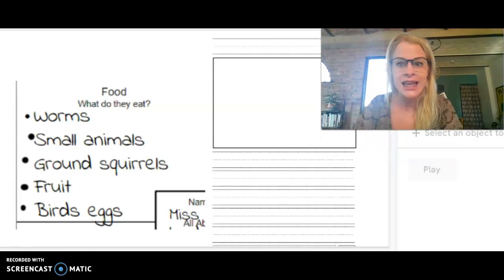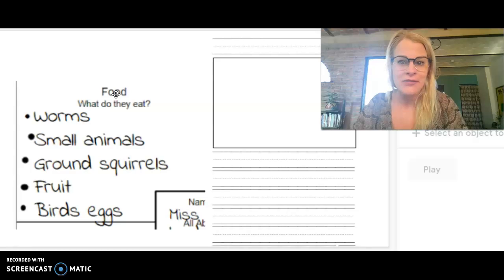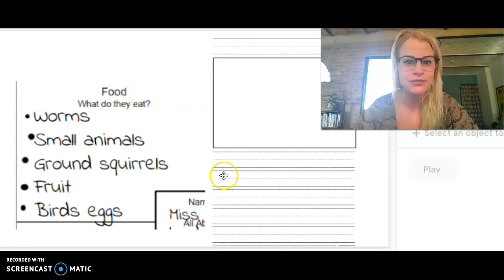So the first thing that I notice or that I know is that everything in this box is about the badger's food. So if I want to make a page or a chapter that's all about food, I can give it a title. I can give it a heading, just like we've talked about when we were looking at nonfiction books. Headings tell us what all the information on that page is going to be about.